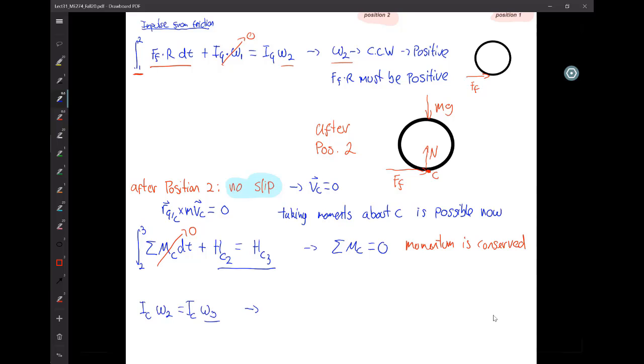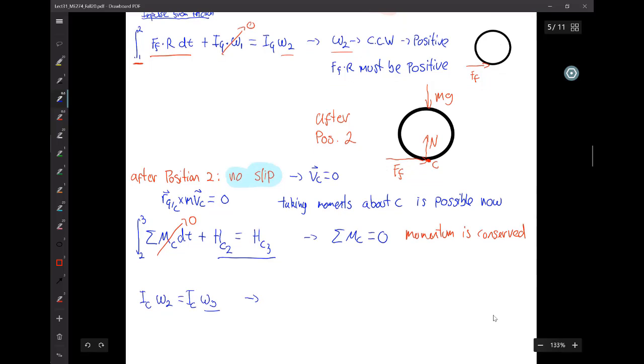And what is this equation telling us? That omega 3 is going to be what? It's going to be the same as omega 2, right? Because our disk is not changing mass or anything in this case. So omega is constant when you are in the no slip condition.